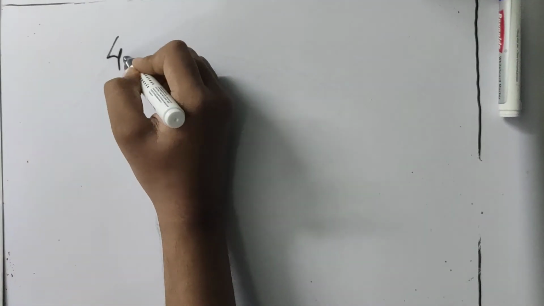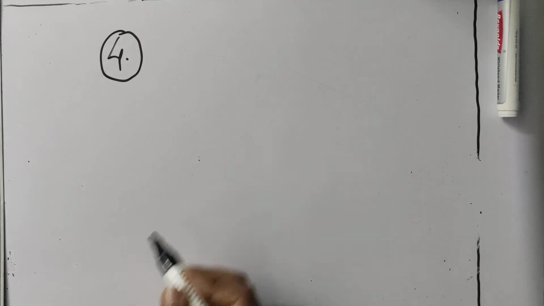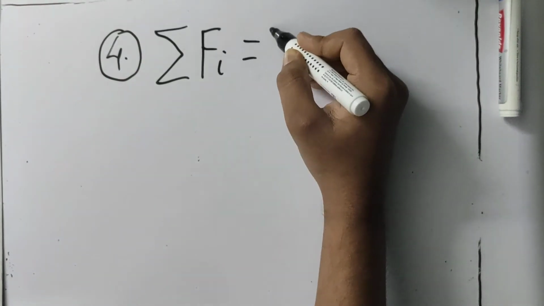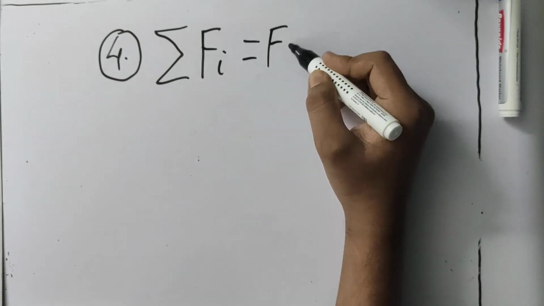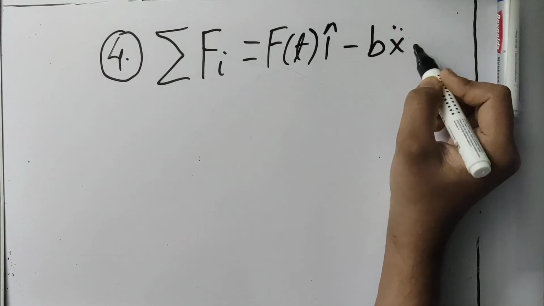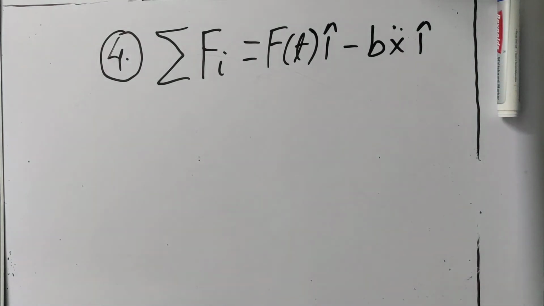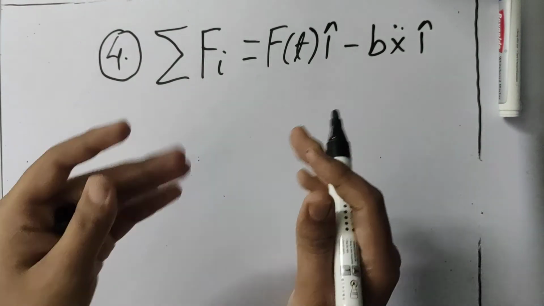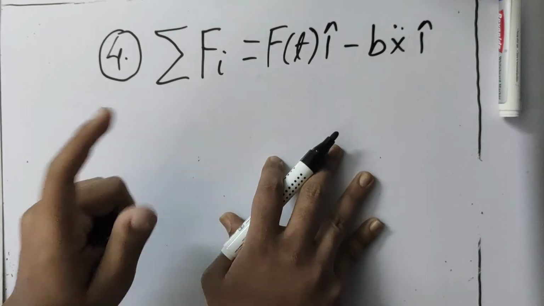So for our fourth term, what do we do? If you remember, I wrote this as equal to the sum of all non-conservative forces, so this i hat minus b x dot i hat. This is the sum of all the forces. Now first we need to find some virtual work done. And what is work done?